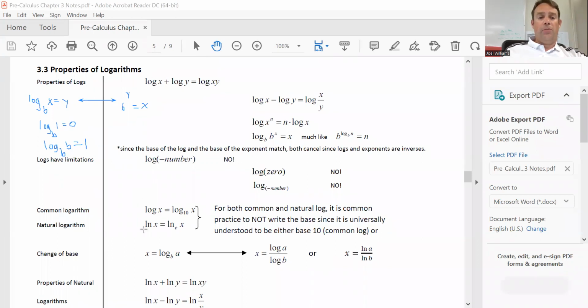We also talked about two other things: the common log and the natural log. Again, just a reminder that e is that Euler number, the base of the natural log. That should be log base e.